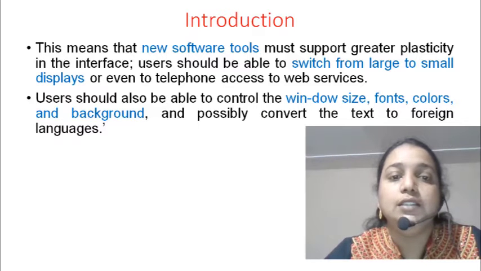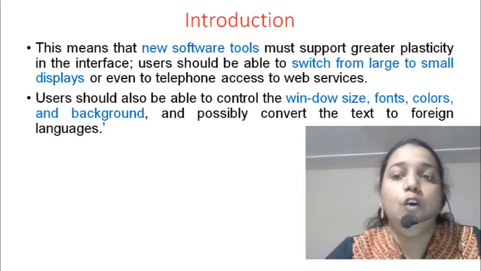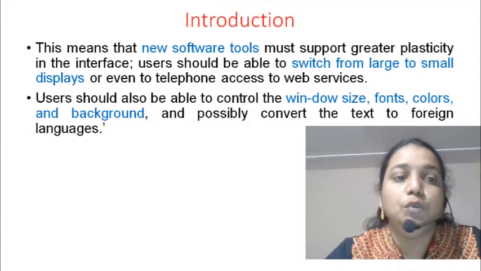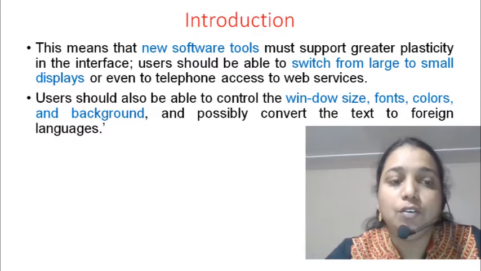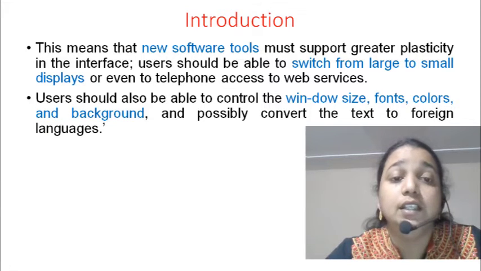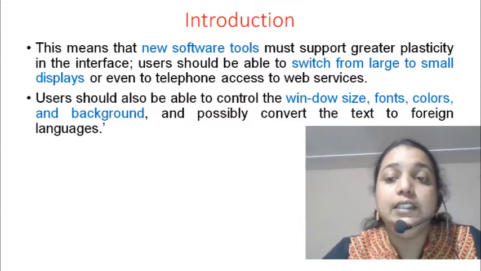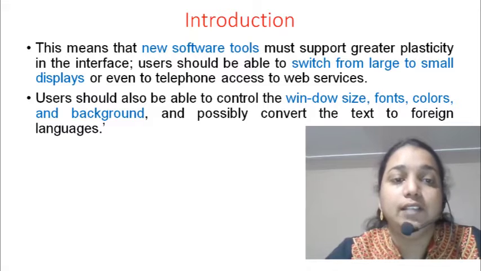The user has to be able to control the window size, what fonts we are going to use, and what colors and background we choose. The user can choose depending upon the user's interest, the background, the foreground and the colors, and possibly convert the text to foreign languages.